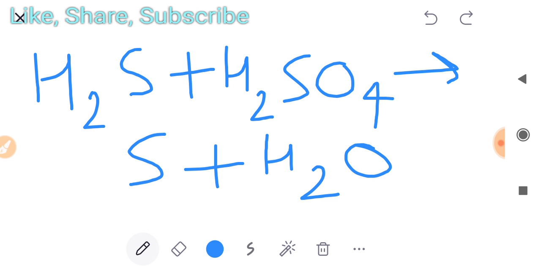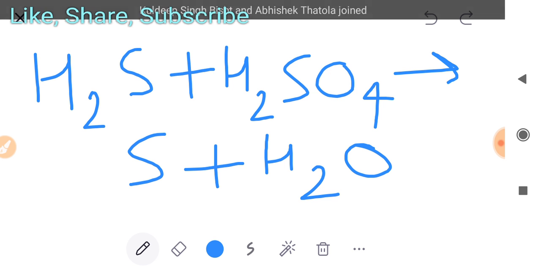You have to say that hydrogen sulfide is oxidized to sulfur, while H2SO4 is reduced, because we are reading about its oxidizing properties. To understand this, go through the chapter on oxidation and reduction, then you will understand well.